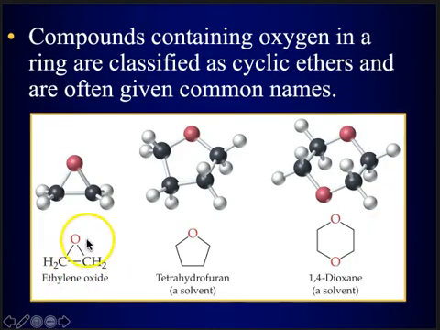Just like inorganic compounds, there are common names for compounds that are commonly used but don't necessarily follow all of the IUPAC naming. One of them is ethylene oxide. Notice the big ring strain in this compound, this triangle.